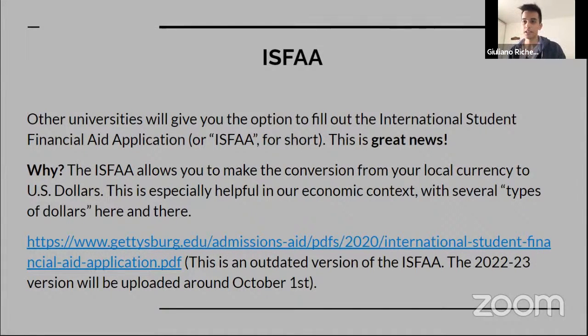But you just make clear that, for example, instead of using the 100 pesos official rate, you use the 165 pesos solidarity rate, which is the price we end up paying for a single dollar. Then you can make that clear in the special circumstances section. This is a great benefit of filling out the ISFA, because you get to give a much more accurate image of your financial status as an applicant.